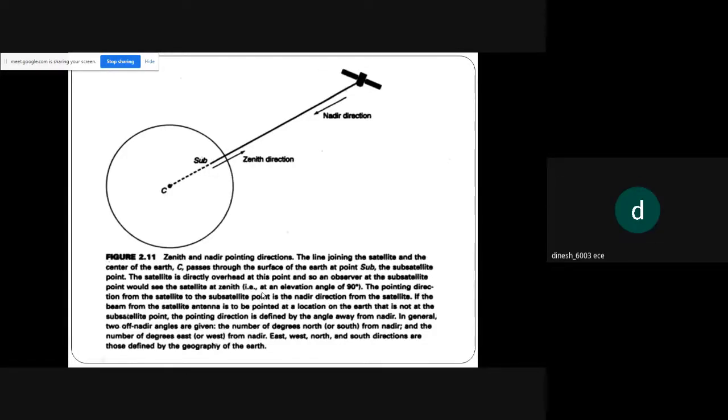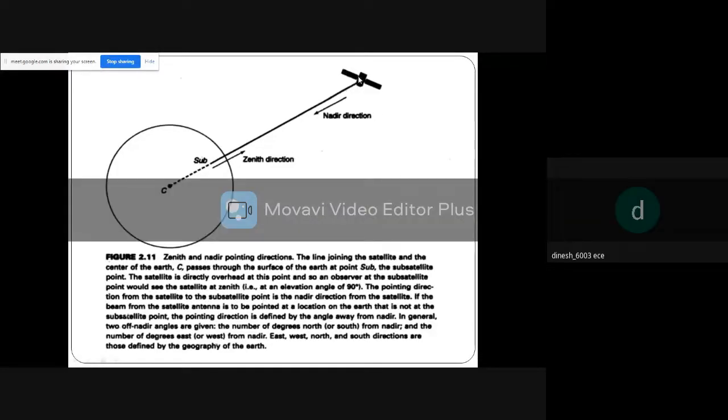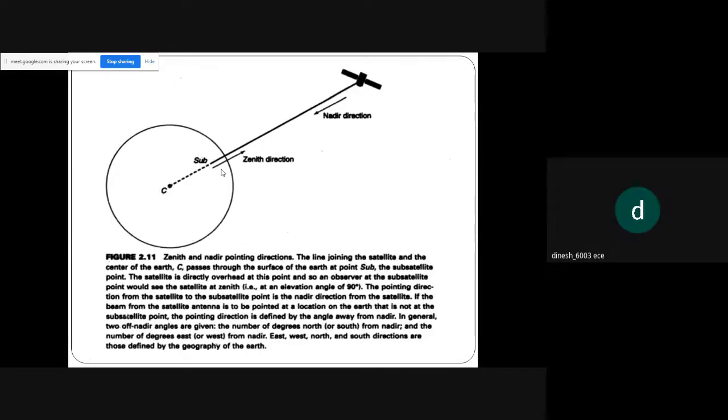The pointing direction from the satellite, present at the top in space, to the sub-satellite point on the surface of the Earth is called the nadir direction from the satellite.